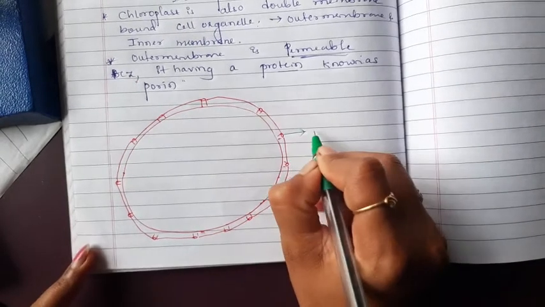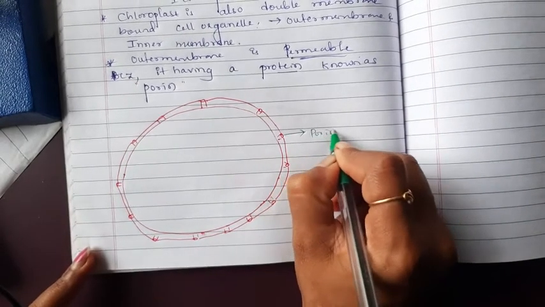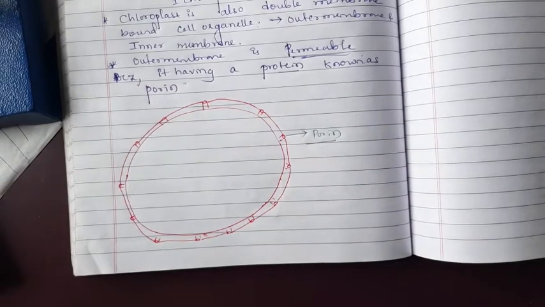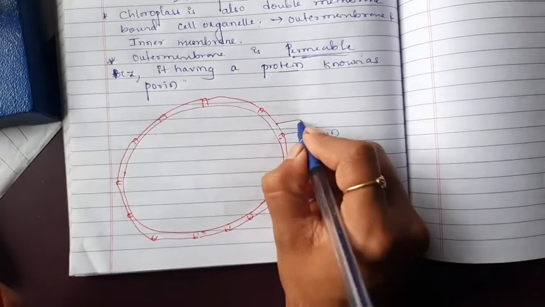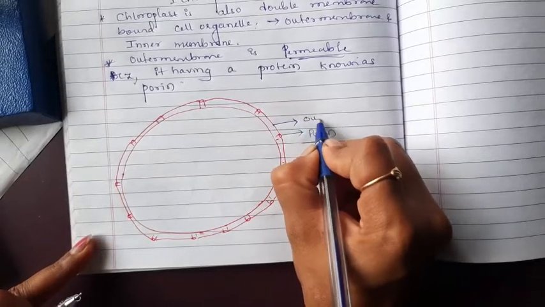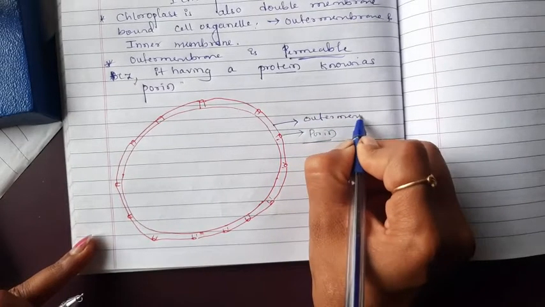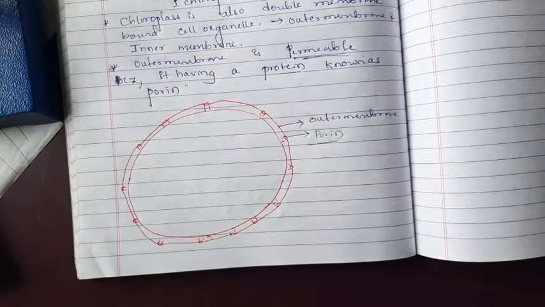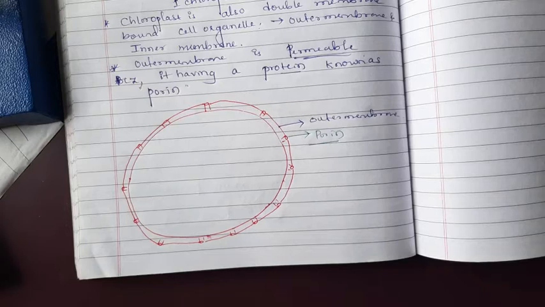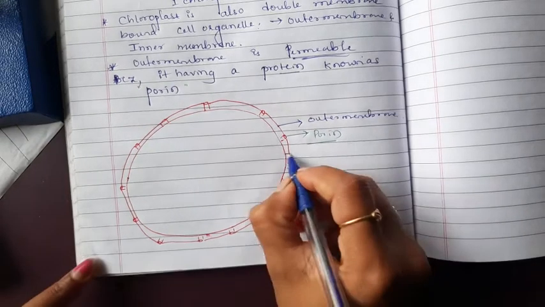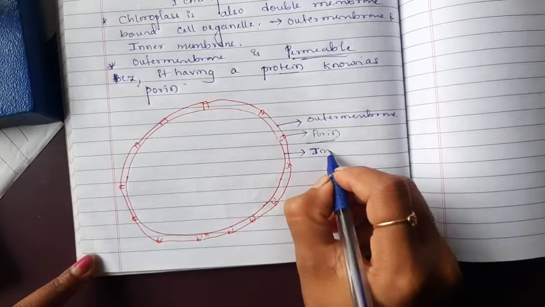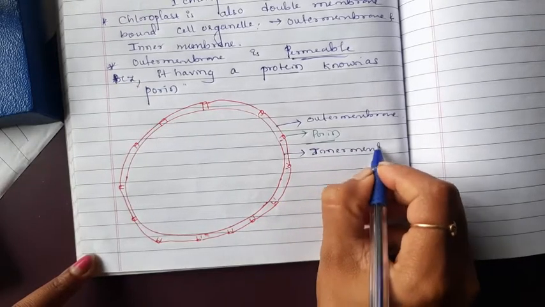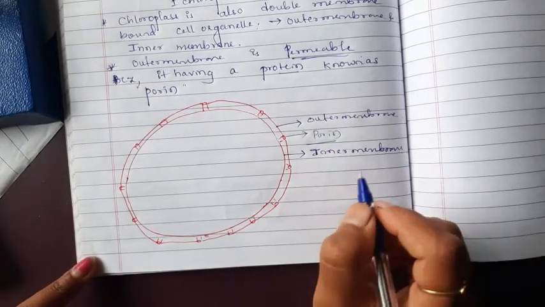This one is the porin. The porin proteins are present on the outer membrane. Then the inner membrane is less permeable. This one is the inner membrane, which means it doesn't have any porin proteins.